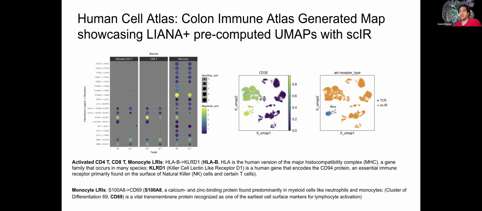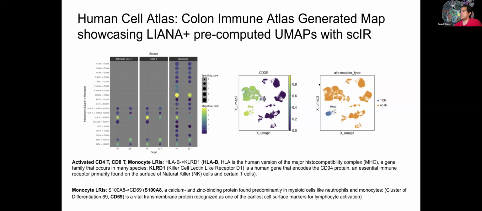So those are the LRIs that I was able to find with LIANA, and we can see that in an LRI plot. The other tool that I used was scIR, single cell immune receptor, where we can see the CD3E marker, which is a T cell marker, and we can see the activity on the left side of this UMAP, and a higher amount of activity lower, and there's TCR, T cell receptors, there.